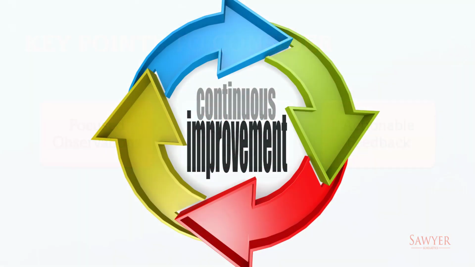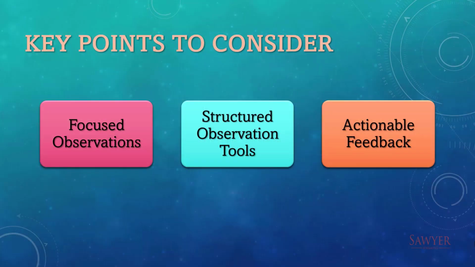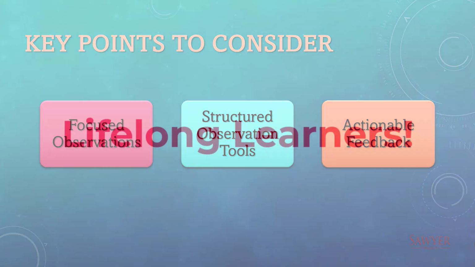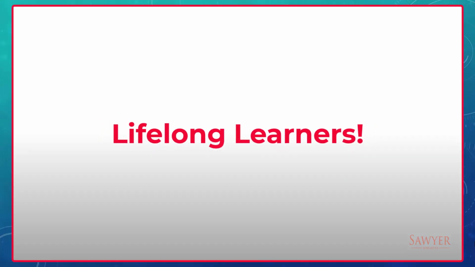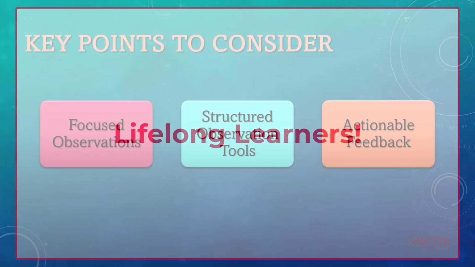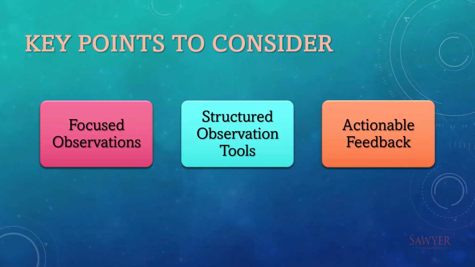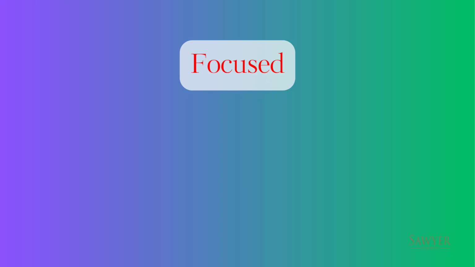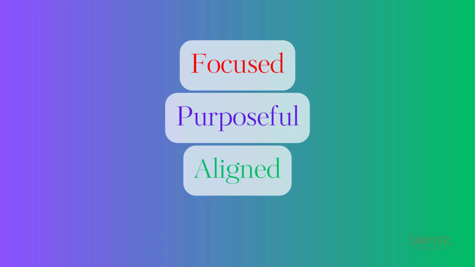Remember, as teachers and even as administrators, in this career that we have chosen, that we have embraced with our whole heart, we are lifelong learners. That means that we have to be involved in continuous professional development. By setting these clear observation goals and criteria, observers can ensure that the observation process is focused, purposeful, and aligned with the school or district's instructional goals.